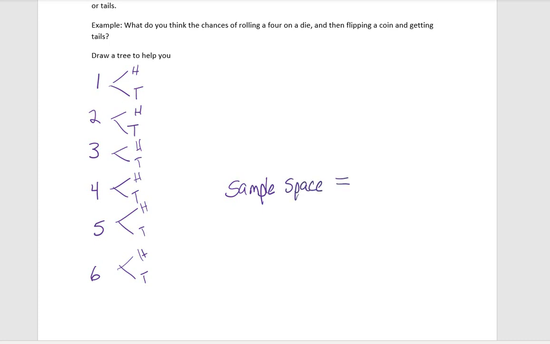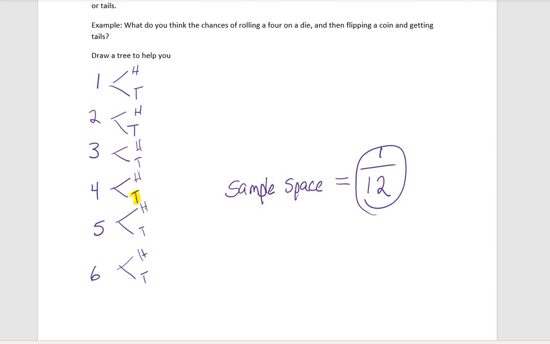So we could get a 1 and a head, a 1 and a tail, 2 and a head, 2 and a tail, 3 and a head, 3 and a tail, etc. So we have 1, 2, 3, 4, 5, 6, 7, 8, 9, 10, 11, so we have 12 possibilities. And we want to count how many times the outcome of getting a 4 and getting tails happens. So getting a 4 and getting tails, well, that only happens once. So that would be our probability.